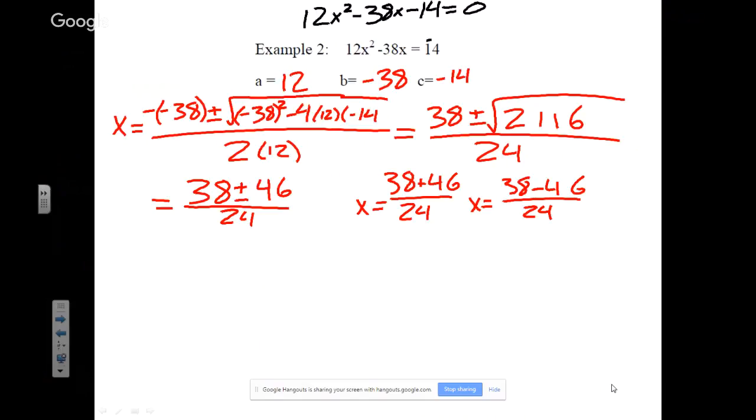If we have 38 plus 46, that's going to be 84. So we have x equals 84 divided by 24. And then with our other one, we have x equals negative 12 divided by 24.